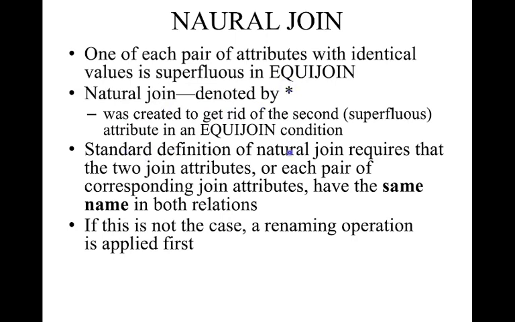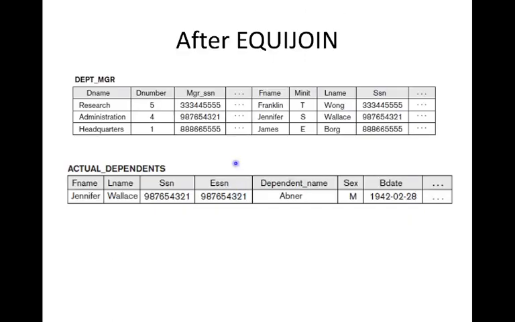The standard definition of natural join requires that the two join attributes, or each pair of corresponding join attributes, have the same name in both relations. If this is not the case, a renaming operation will be applied. Here it is manager SSN, and here the name is different, just SSN.